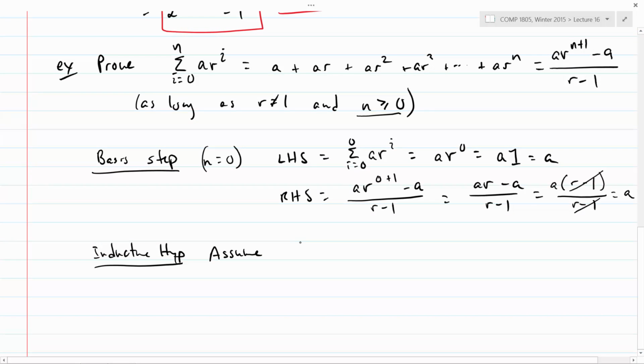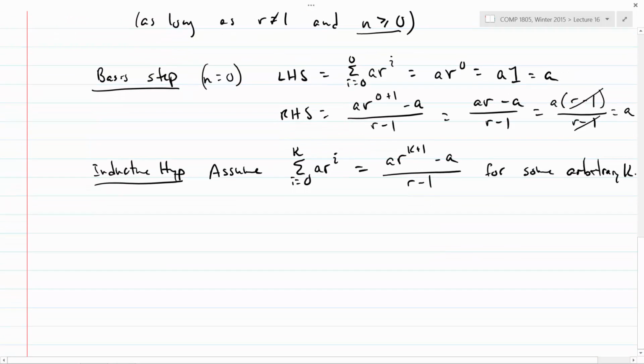So the statement when n equals k is that the sum from i equals 0 to k of AR to the i is exactly the same as (AR to the k plus 1 minus A) over (R minus 1). That's it. And we assume this is true for some arbitrary k. Again, that's not all k, it's just some arbitrary k.